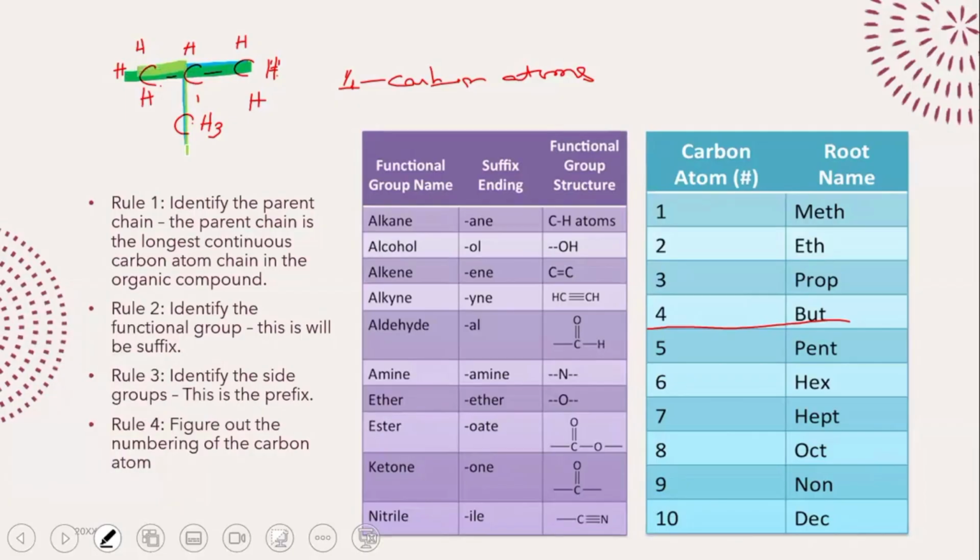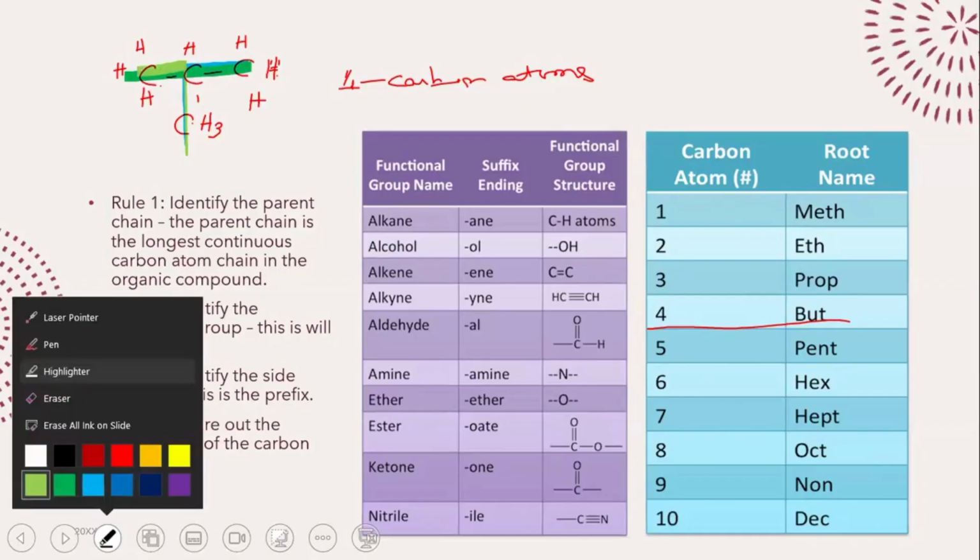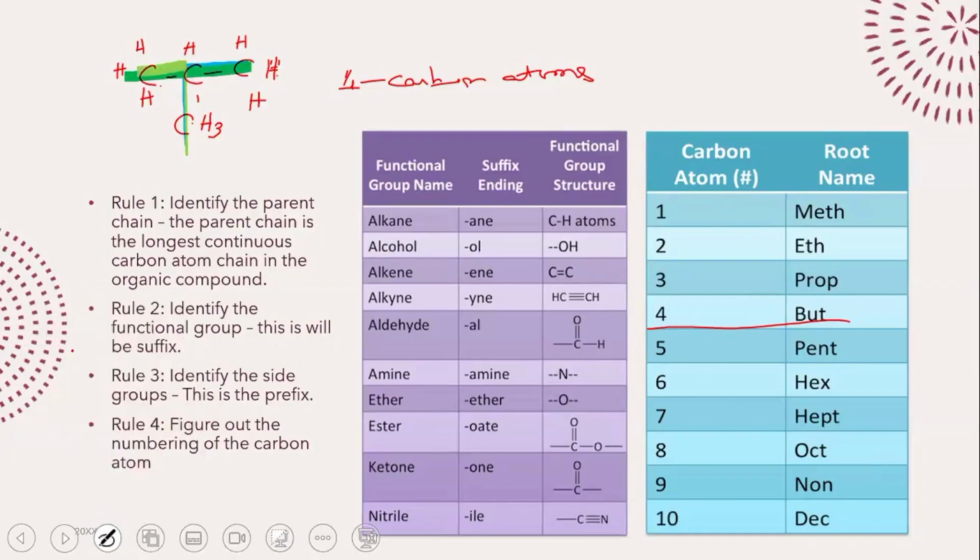The maximum continuous chain I can make has only 3 carbon atoms, meaning that when naming this compound, I'm not going to use but, I'm going to use prop, the prefix for 3 carbon atoms, not 4. So even though there are 4 carbon atoms in the compound, it's not named based on that.